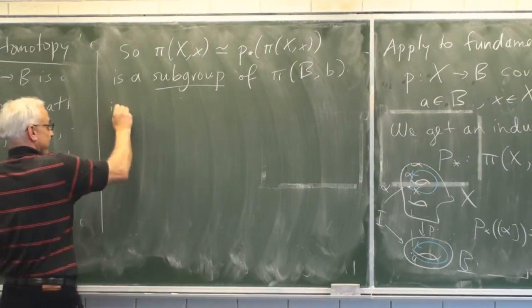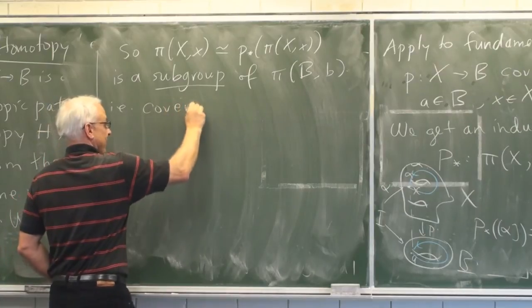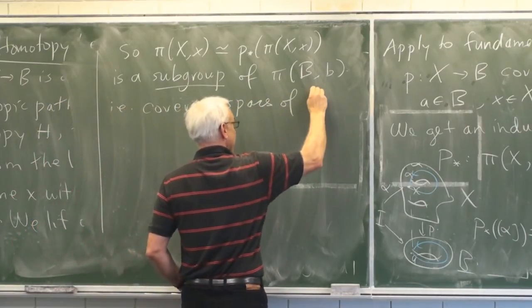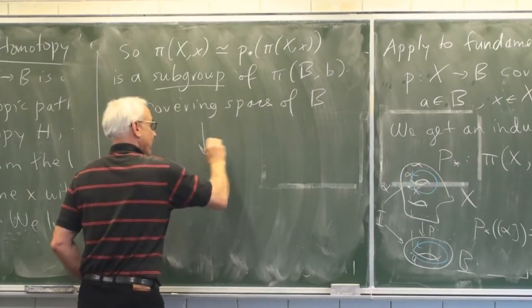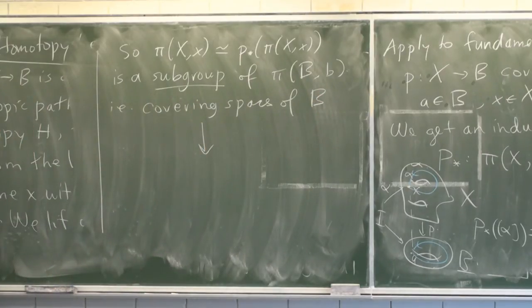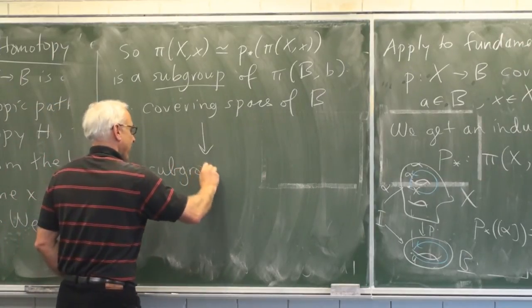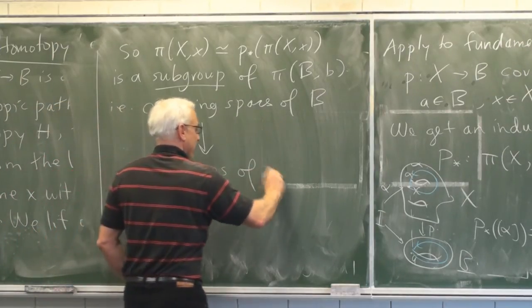In other words, covering spaces of B give us subgroups of pi of b.